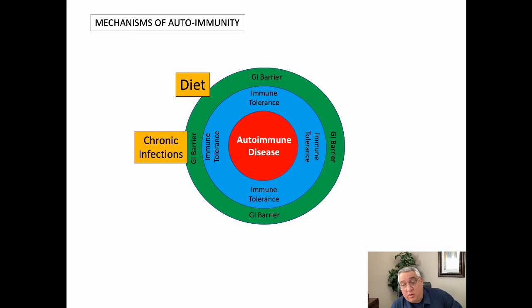Now, once again, chronic infections can also be a major contributor to autoimmunity. Sometimes you have underlying genetic predispositions. For instance, I have some patients who have mast cell activation syndrome and a history of Lyme disease, or dysbiosis, or some form of chronic bacterial infection, or even viral infections, such as Epstein-Barr virus, that has been ongoing for years and years, and they end up developing an autoimmune disease known as multiple sclerosis.